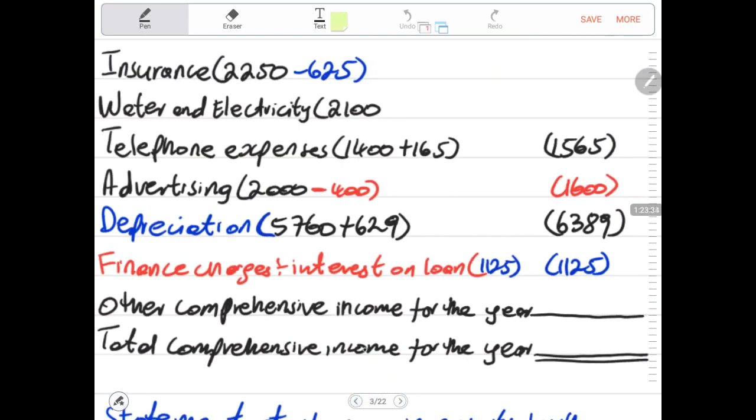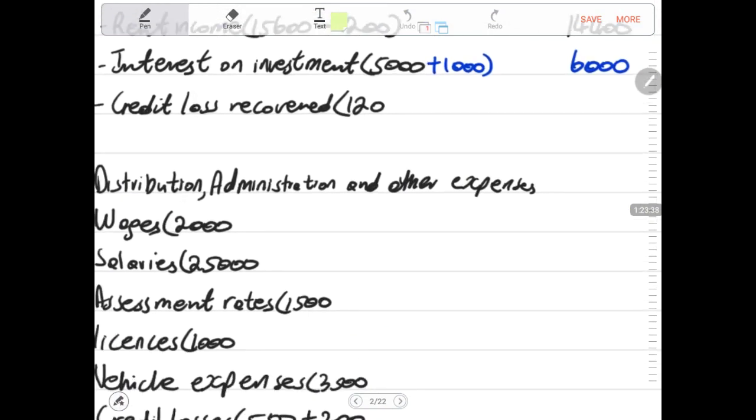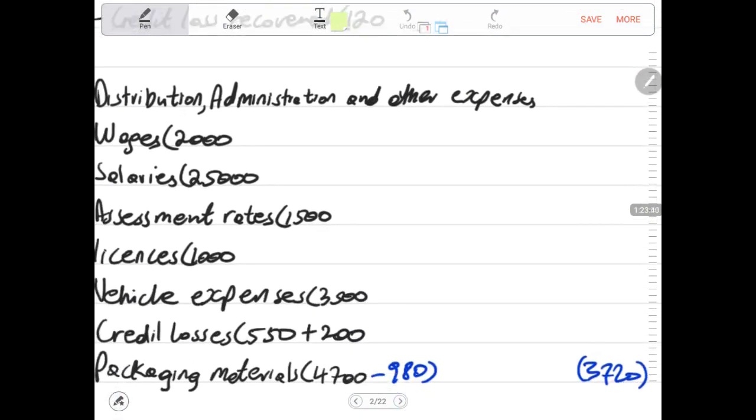So the 50 rand goes to the credit losses in the income statement, and it will be minus 50 rand. If we have recorded the one in the trial balance, we could have said minus 300 plus 250, like that.